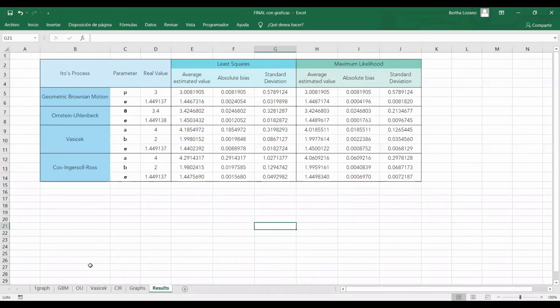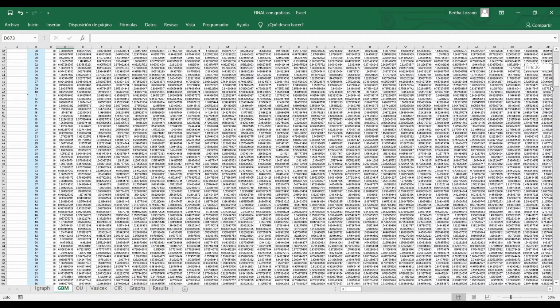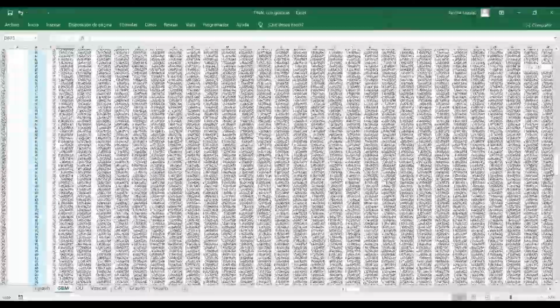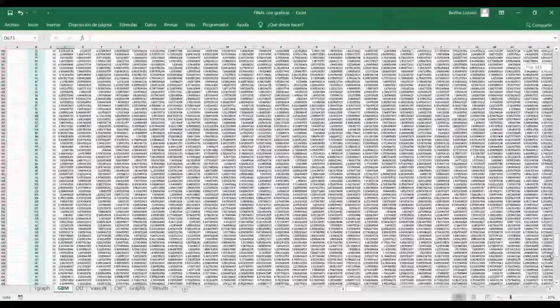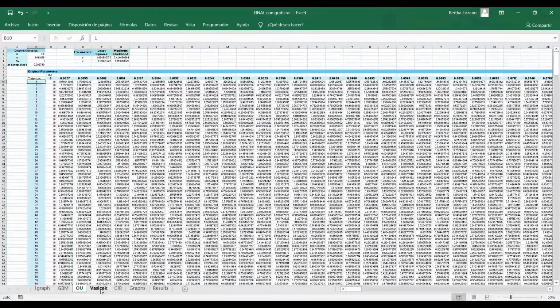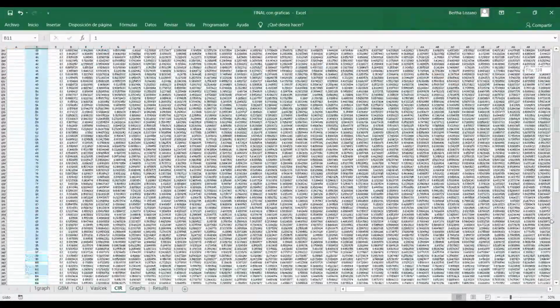So using these average estimated values, we generate 200 trajectories with the original parameters, including the average, the deviation, and the lower and upper bound, with the original, least squares and likelihood parameters for all of our methods, for Ornstein-Uhlenbeck, Vasicek, and Cox-Ingersoll-Ross.